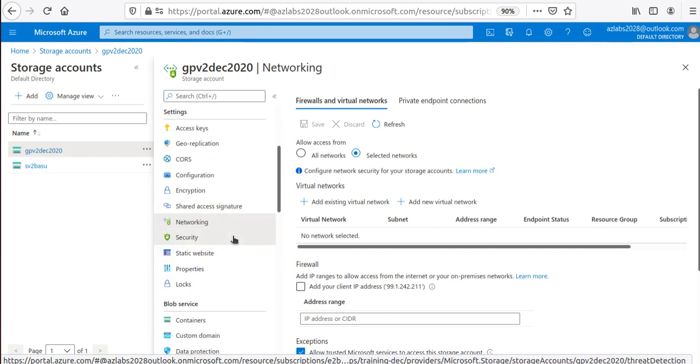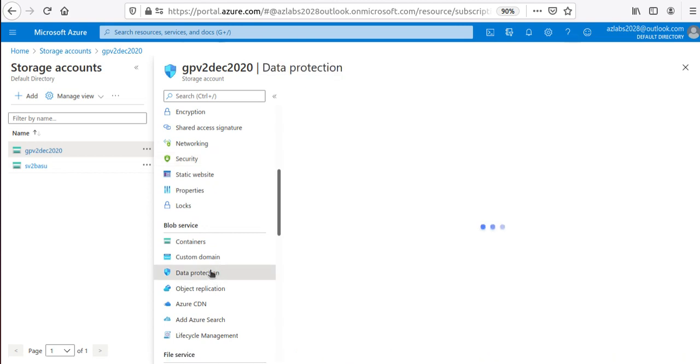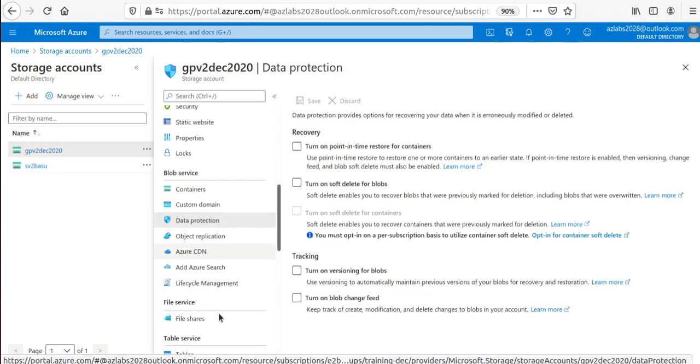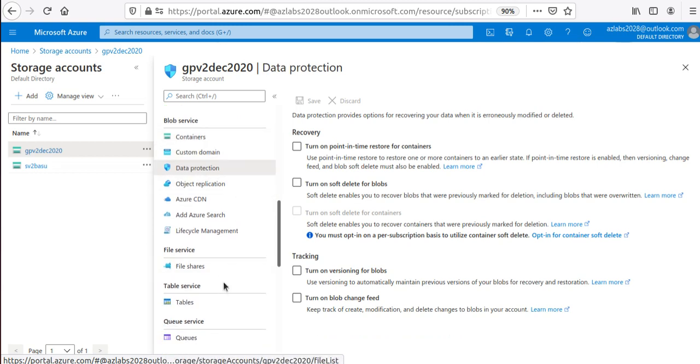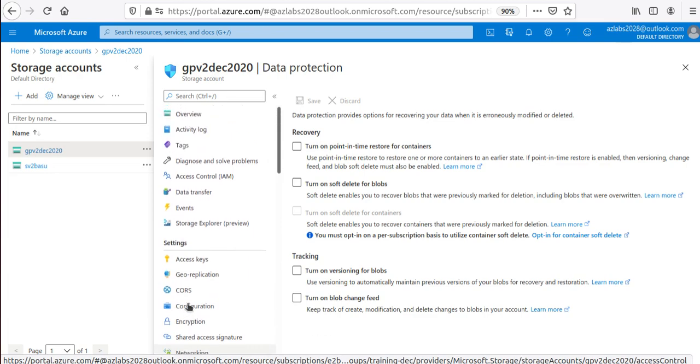And there is other built-in security, like data protection, also available here for all of the containers. So go through some of these features and understand a little more what it can do. It is one of the most commonly used storage solutions within Azure.